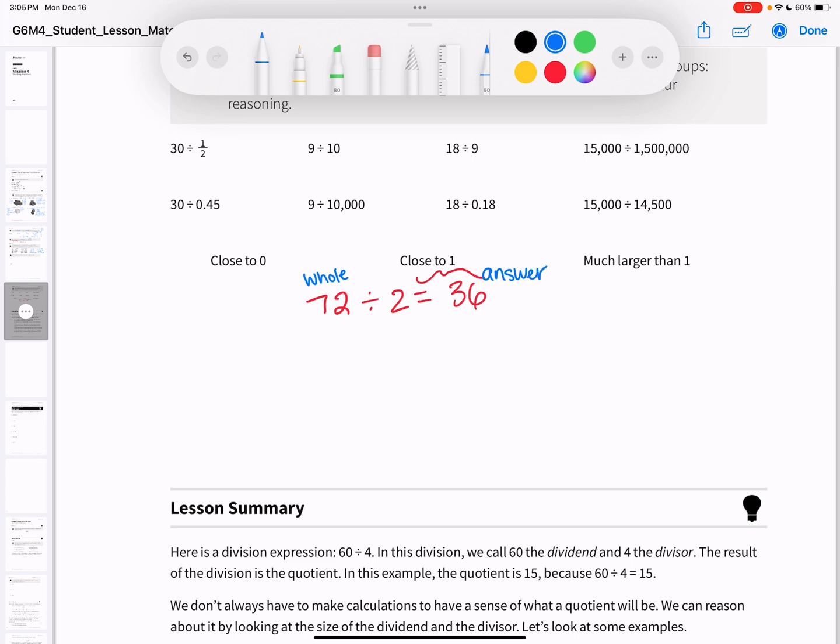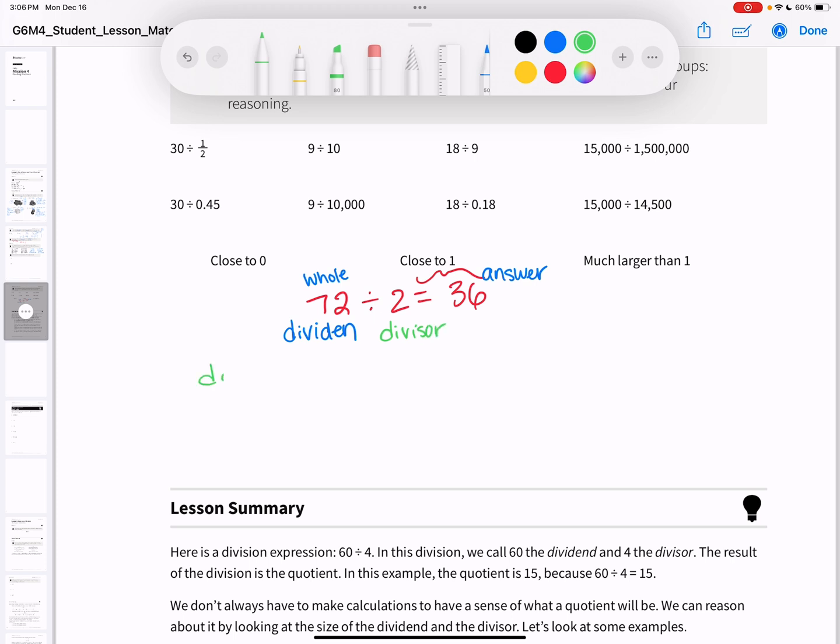So when we're talking about division, the whole is called the dividend. The dividend. And you have to know this vocabulary. So the whole is the dividend, okay? Then we have what we are dividing by, and this one is called the divisor.